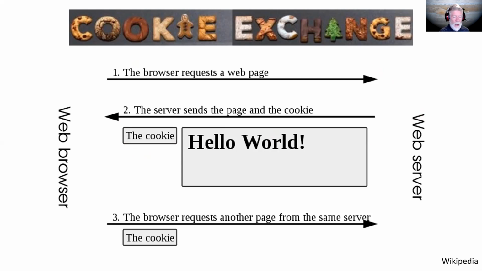And then every time the browser sends further requests to the server, it sends the cookie along with it. And that way, since the cookies are unique for each user, the server knows that this is the same user that received the original cookie. That, of course, can cause all sorts of difficulties if you steal the cookie or if the cookie is sent someplace else, such as cross-site scripting or cross-site request forgery.